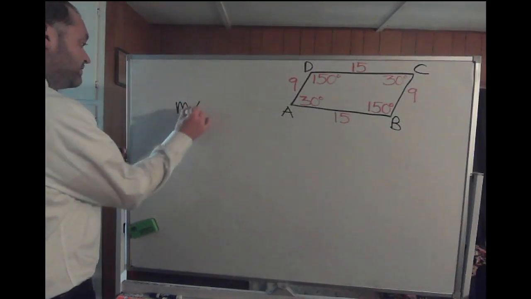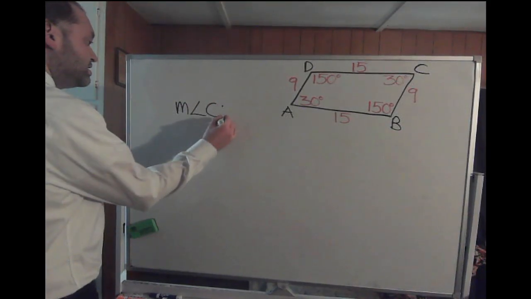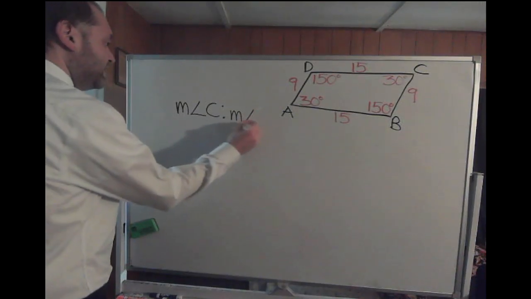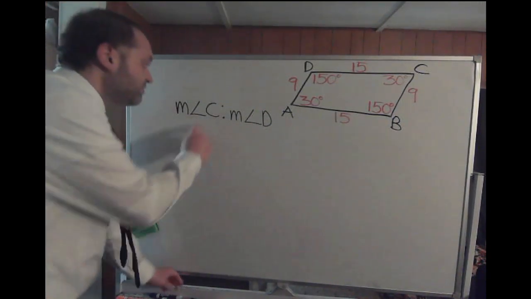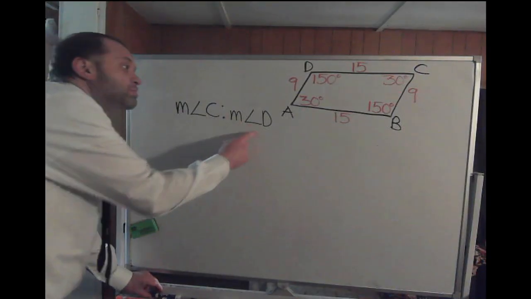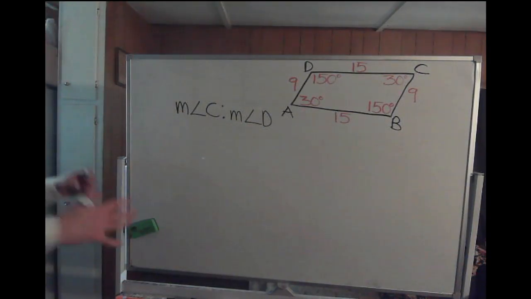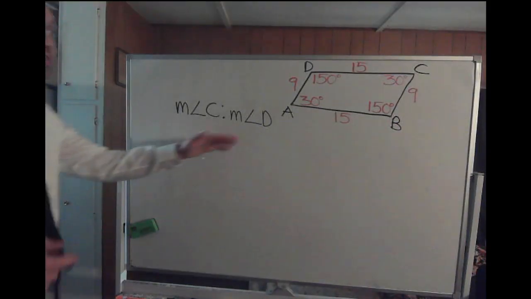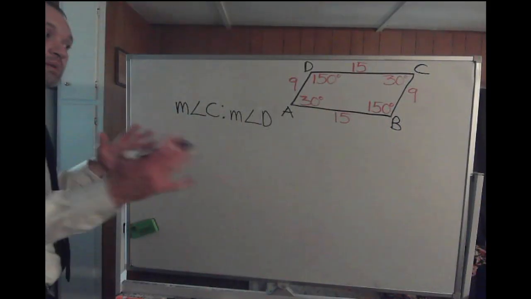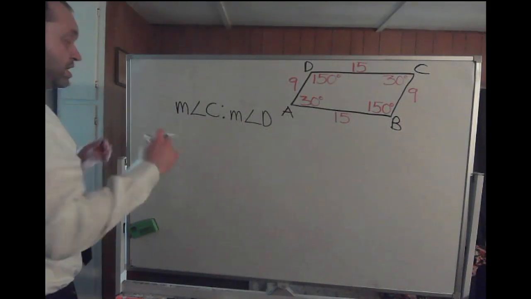The measure of angle C to the measure of angle D. So we have the ratio of the measure of angle C to the measure of angle D. Now I think it becomes obvious why we found the missing information, right? This is going to make our life a lot easier.